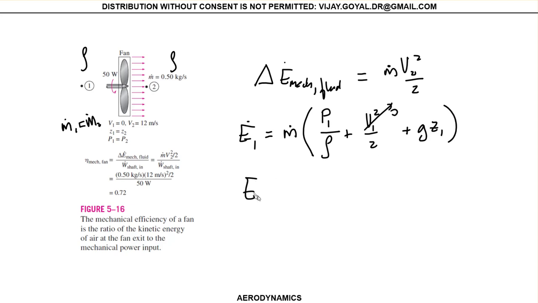And then E2 is equal to the same mass flow rate. P2 is equal to P1, so I'm going to call this P1 over rho. The velocity now, V2 squared, is not 0, plus g Z2, but Z1 is equal to Z2.